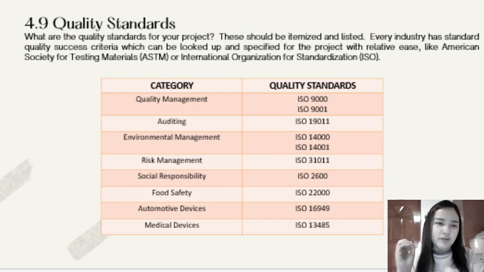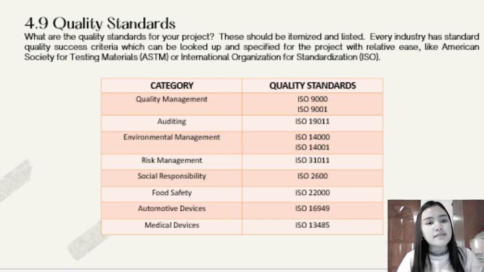So, ayan, I have listed the categories. Kung quality management, ayan, kailangan ISO 9000 or 9001 certified. Pag auditing, meron din. Environmental management, risk management, social responsibility, food safety, automotive devices, and medical devices.